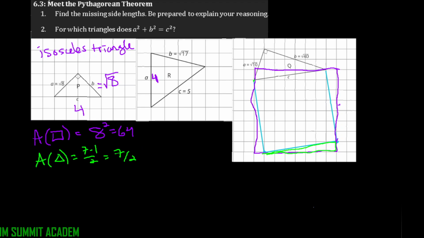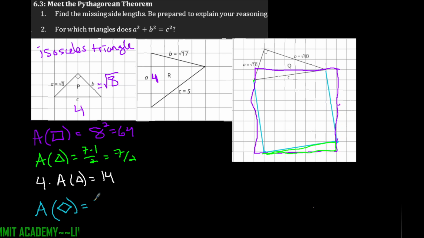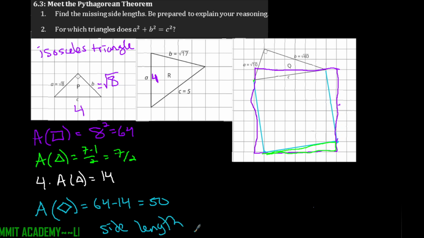And then I need to find 4 times that amount. So 4 times the area of the triangle is equal to 14. Take the difference of these two to find the area of my tilted square. So 64 minus 14 is 50. And I find the side length. So the side length is going to be equal to the square root of 50.